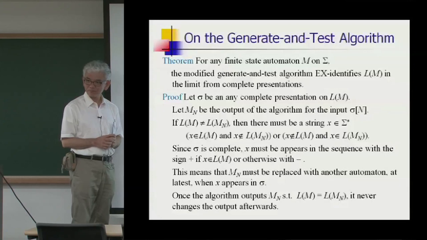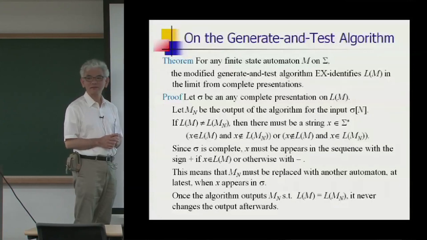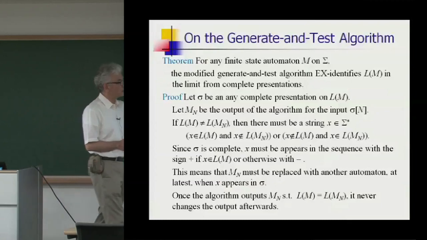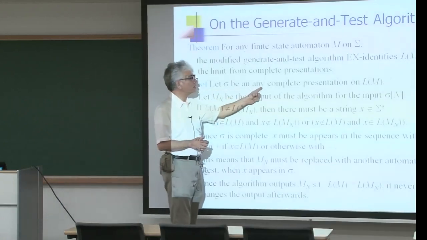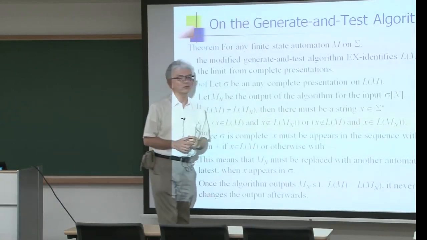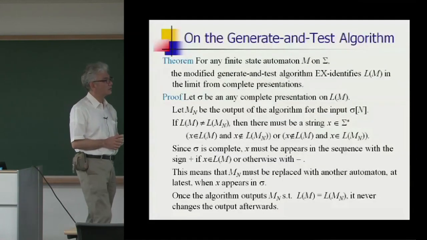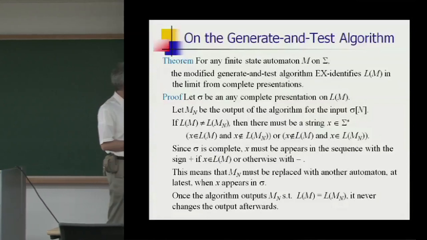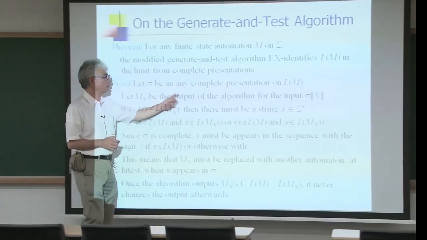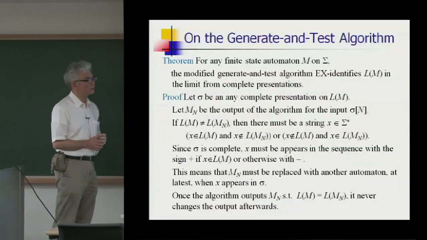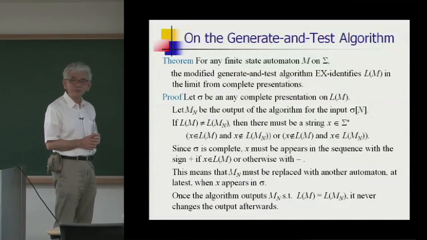Why? This is a proof, a very rough sketch of a proof. Let sigma be any complete presentation of L of M, and let L sub n be the output of the algorithm for the input of the truncation of sigma.